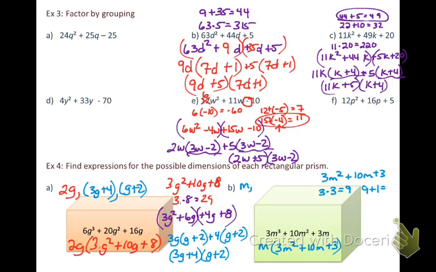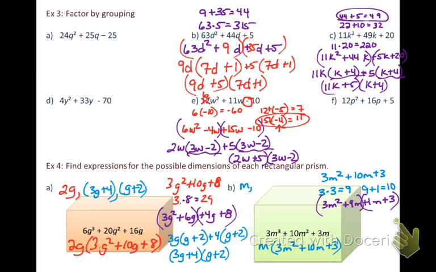And that will be 10. And then I'm going to write out my 4 term, so that would be 3m squared plus 9m plus 1m plus 3.